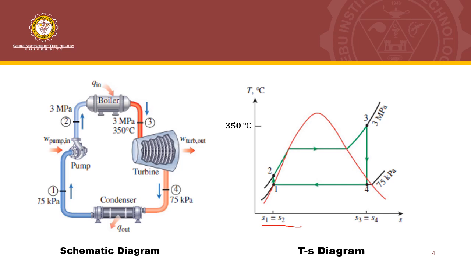You can do that by making some changes in the pressure of the boiler and also the pressure at the condenser. So that is the schematic diagram and the TS diagram. It's very important for you to know that, because it will help you as we go deeper and deeper into the next topic.